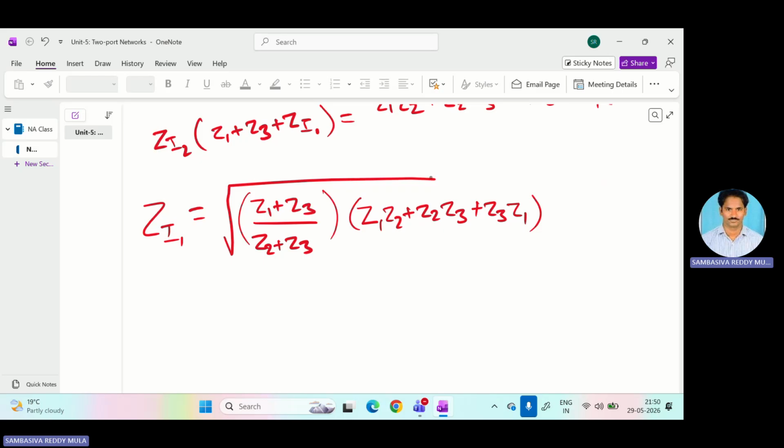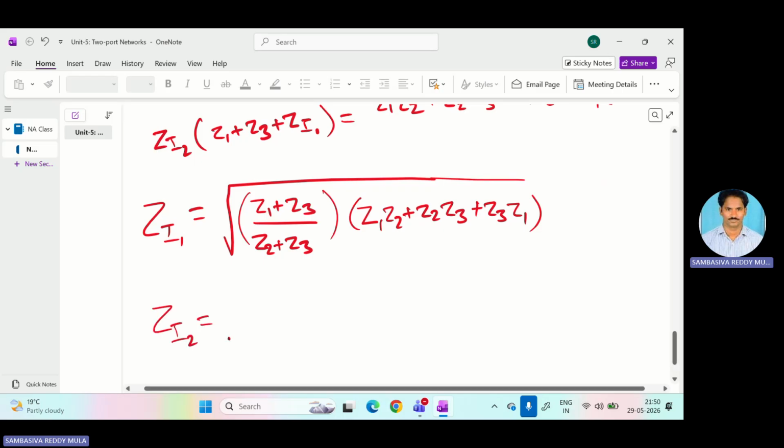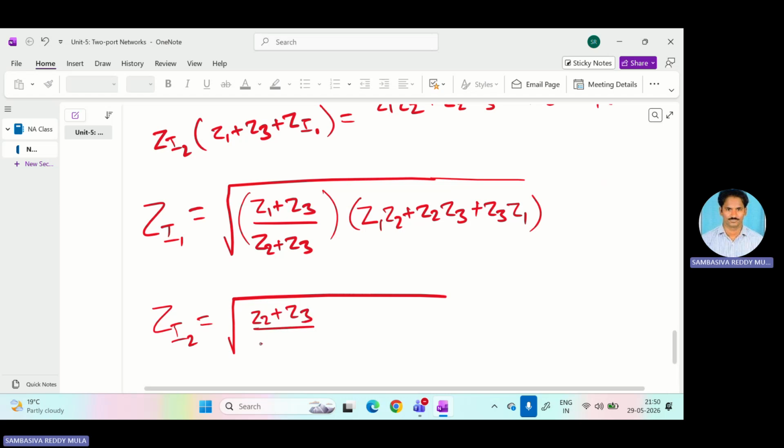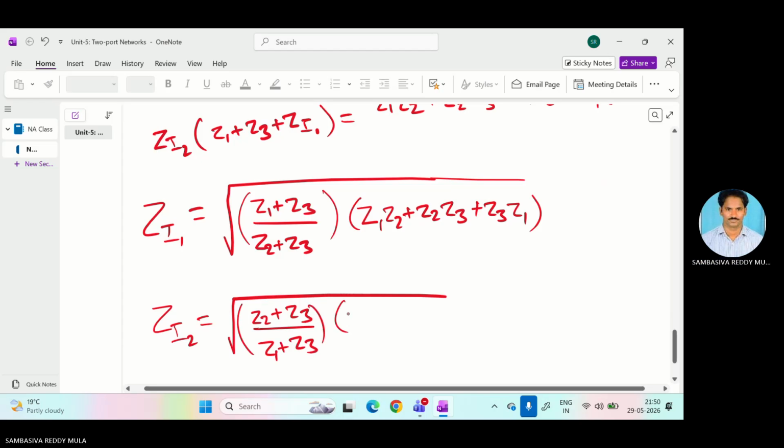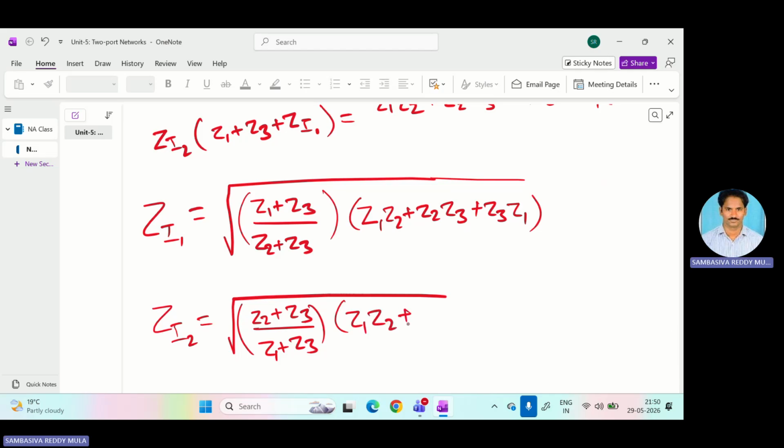Similarly, ZI2 is the square root of Z2 plus Z3 divided by Z1 plus Z3, into Z1 Z2 plus Z2 Z3 plus Z3 Z1.